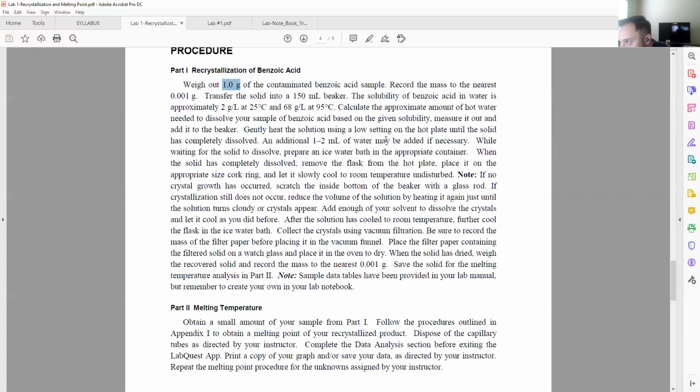Why don't you do 1,000 over 68 times your sample amount? Couldn't you do 1,000 mils divided by 68 grams and then multiply it by your sample weight? I don't think you'd have to multiply it by 1,000 or by the sample weight. In this case, it would just be 1,000.